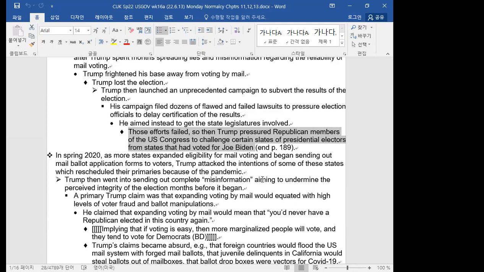And the Trump campaign, the Trump lawyers, and the administration tried to pressure Vice President Mike Pence to refuse to accept the Electoral College selection from certain states, Pennsylvania, Michigan, Georgia, and he wouldn't do it.